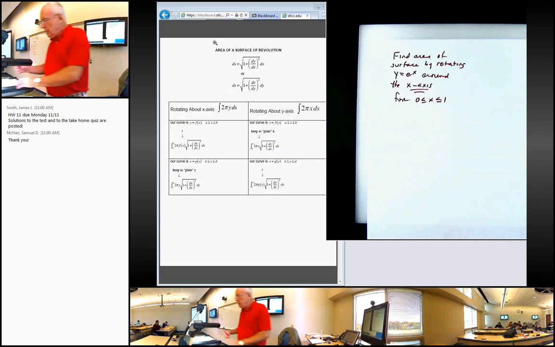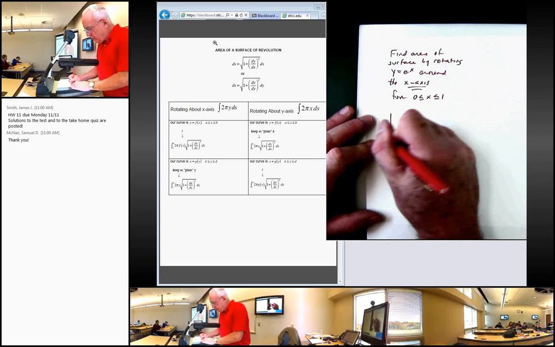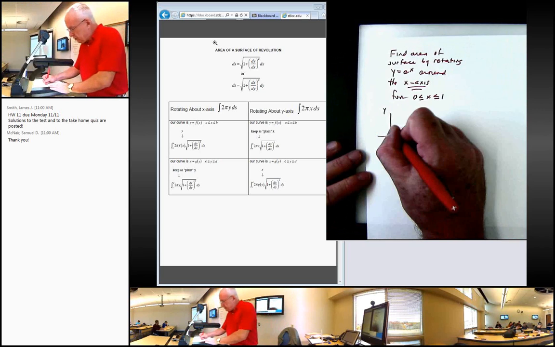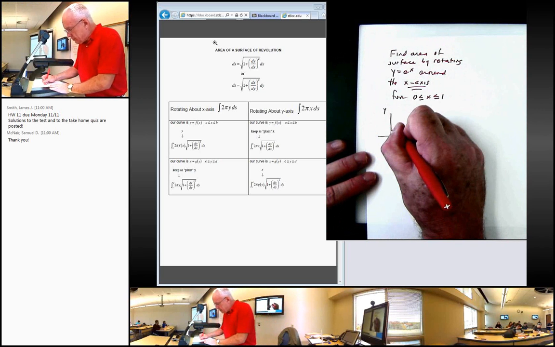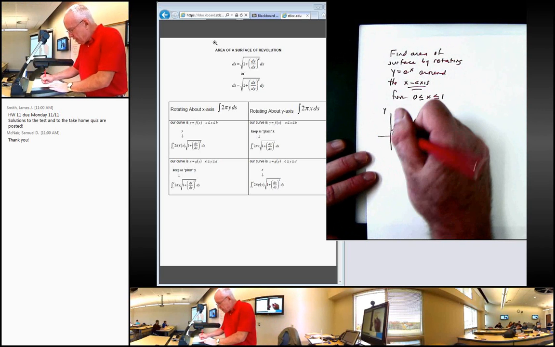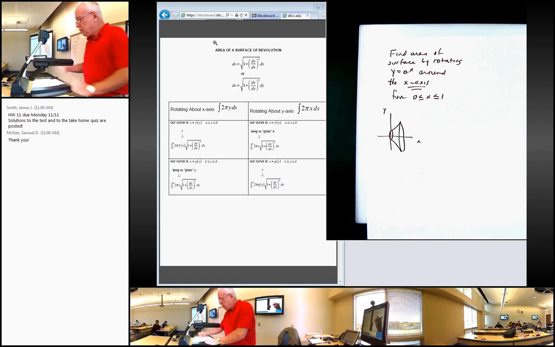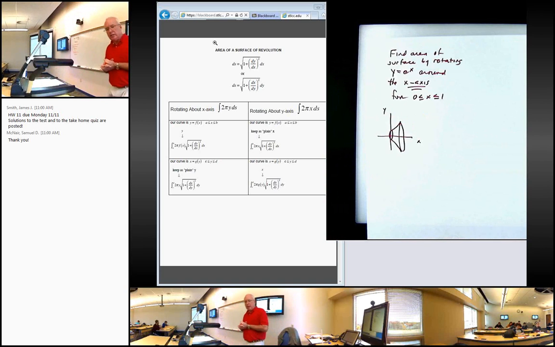All right. Basically, again, you don't really have to graph it, but it's going to look something like this. It goes up very quickly, and it's going to be rotated around like this. So it's going to be rotated around the x-axis.